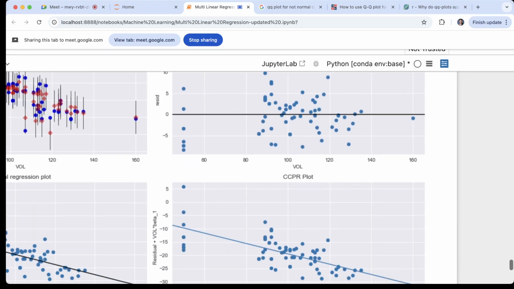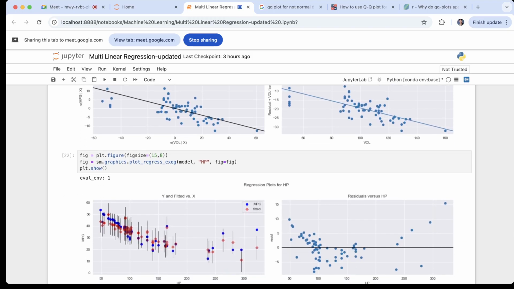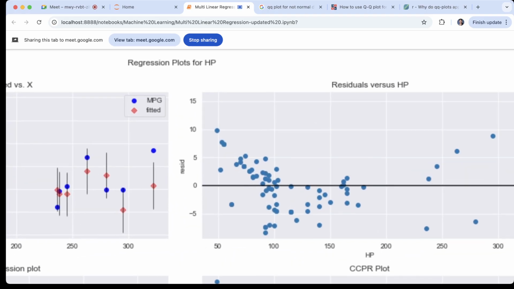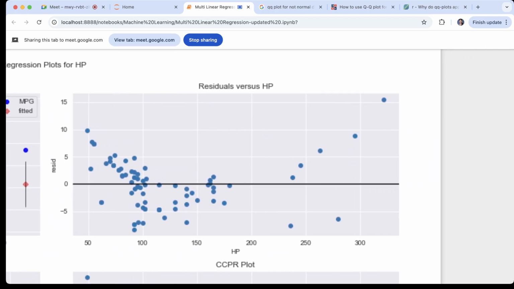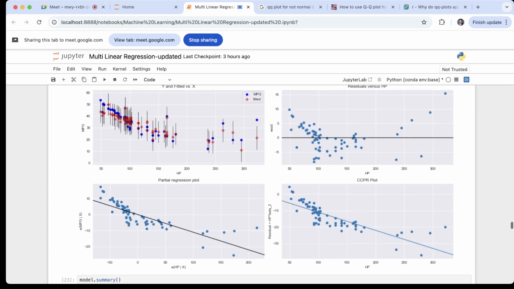Otherwise, you will need to do a transformation of the features. You can see here, in this particular case, there is some relation. Can you see something like a parabola? Yes, there is some kind of relationship, so we can't assume that this is random. In this case, we will need some transformation. We will see how doing a transformation improves the model.